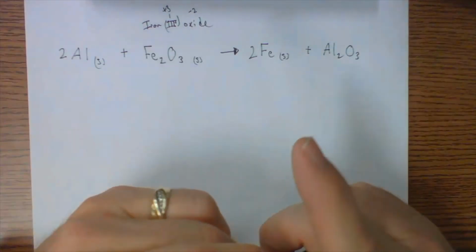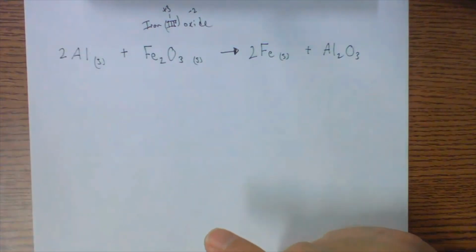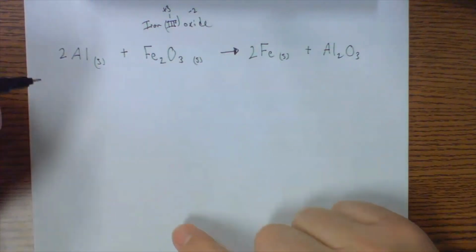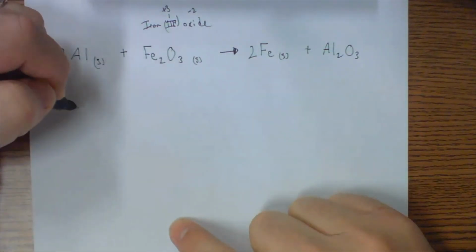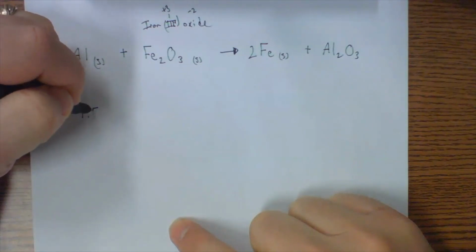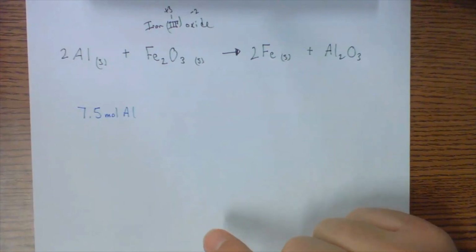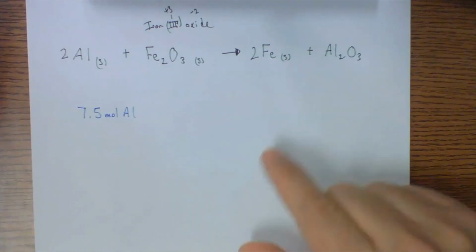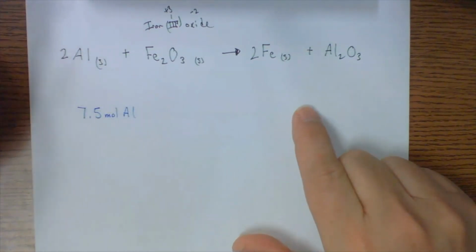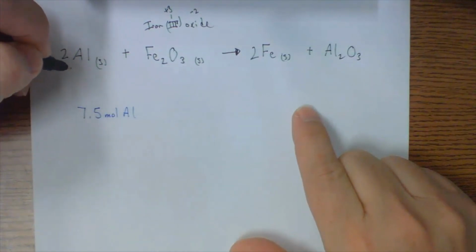So now let's say we are going to use a big chunk of aluminum, and I'm going to use a chunk of aluminum that's like, I don't know, let's go with 7.5 moles of it. So I've got 7.5 moles of aluminum, and I want to know how much aluminum oxide I am going to form. So this is where I'm going to write this out.